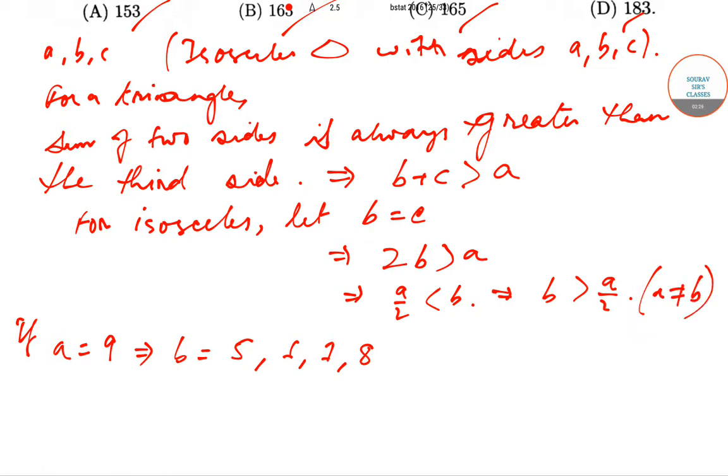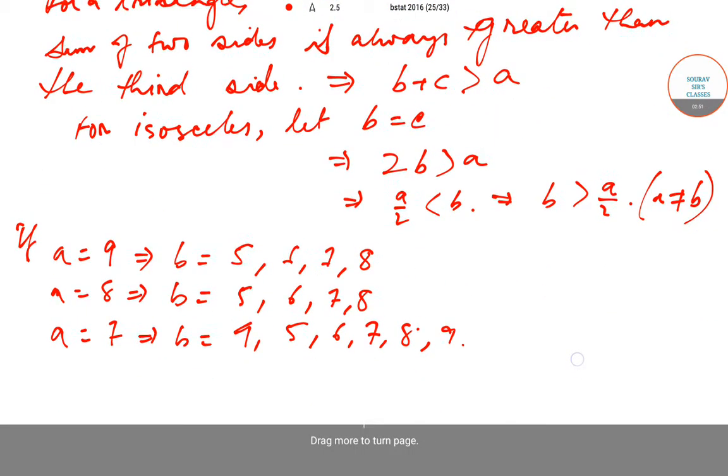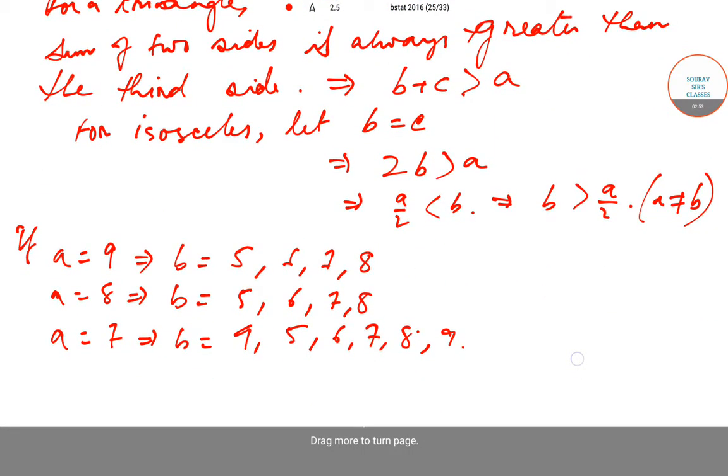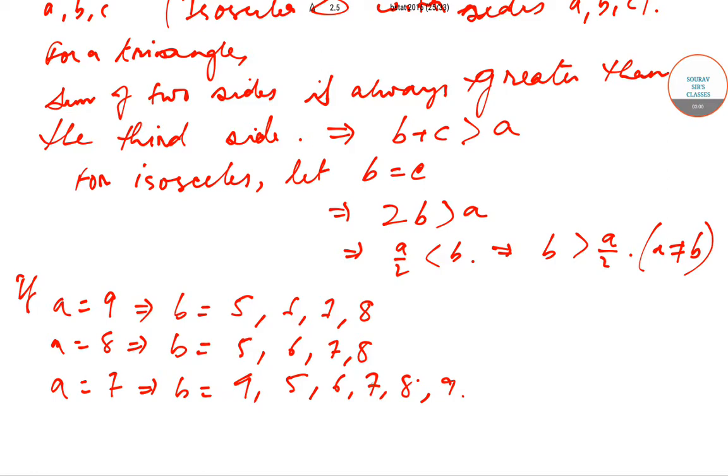Now if we take A equal to 8, that will imply that B will take the values 5, 6, 7 and 8 again. If A is equal to 7, that will imply that B will take the values 4, 5, 6, 7, 8 and also 9. Sorry, it cannot take the value 7 since A is not equal to B, so we have to ignore 7.